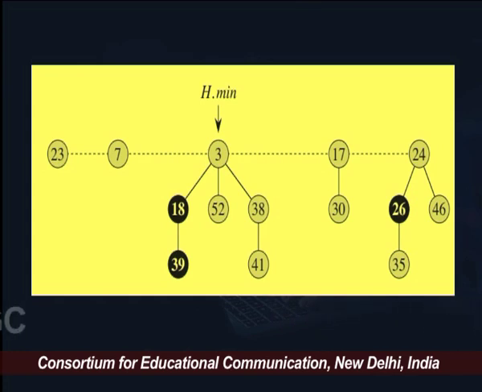Here this Fibonacci heap has 5 different trees, out of which 2 trees have only one node, and these are 23 and 7. Then we have one tree in between whose root element is 3, with 18, 52 and 38 as the children.